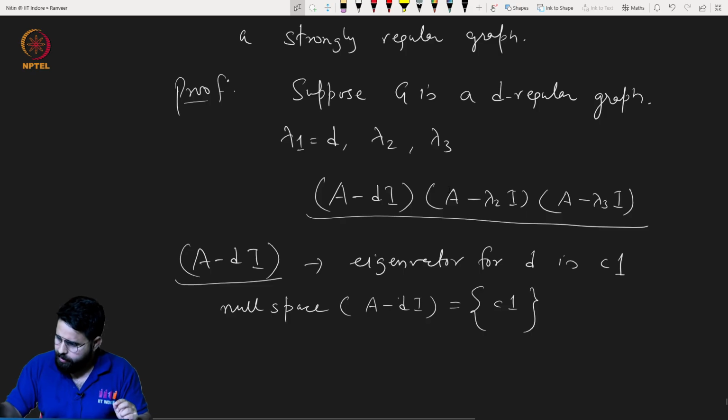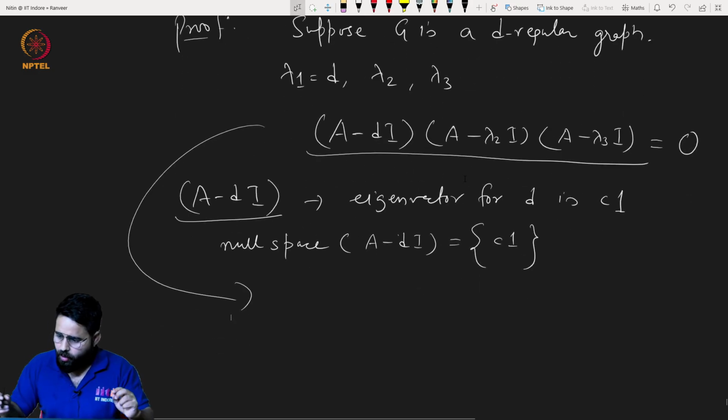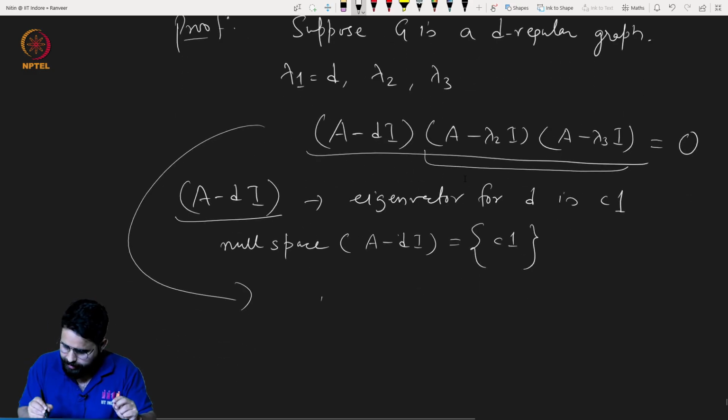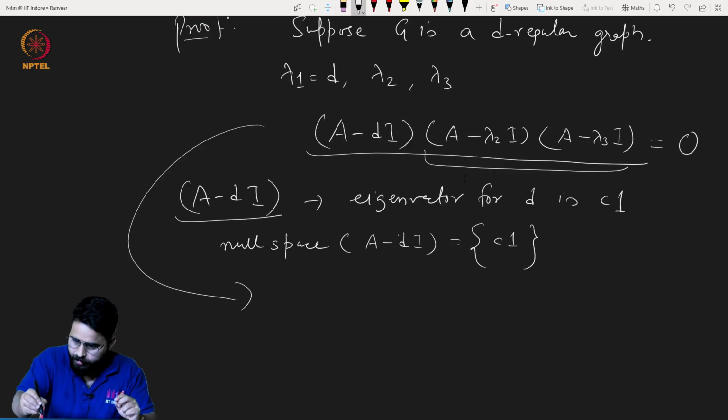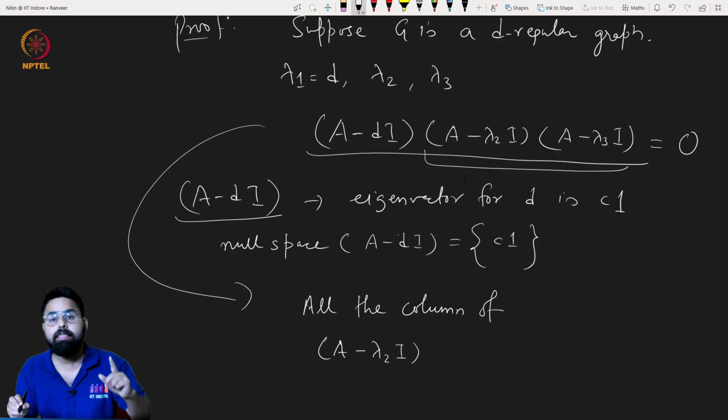So if this product is 0, what does that mean? This implies that all the columns of A minus lambda 2 I and A minus lambda 3 I are in the null space of A minus dI. Since this is a connected graph, the multiplicity of d is exactly 1.